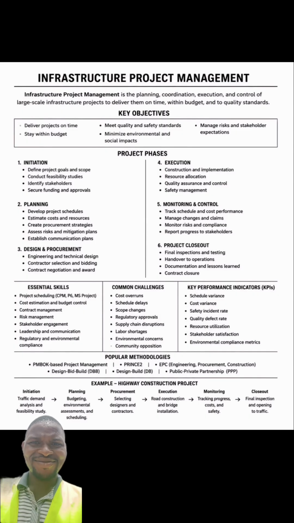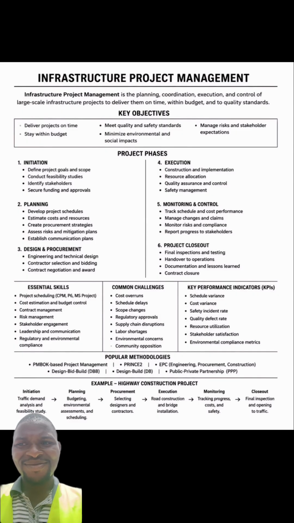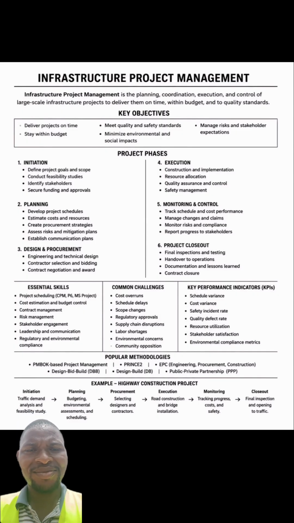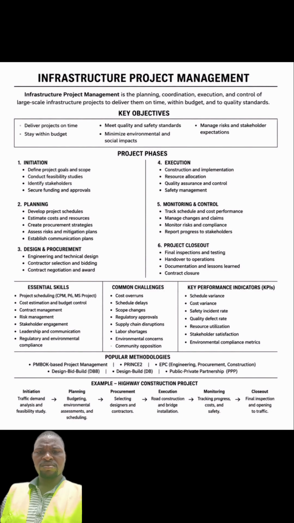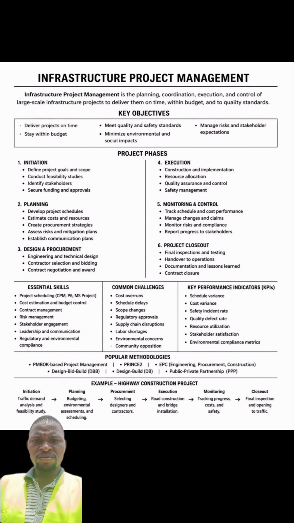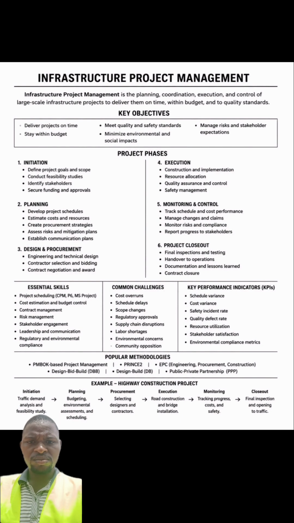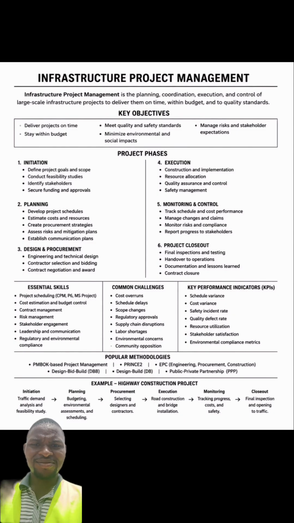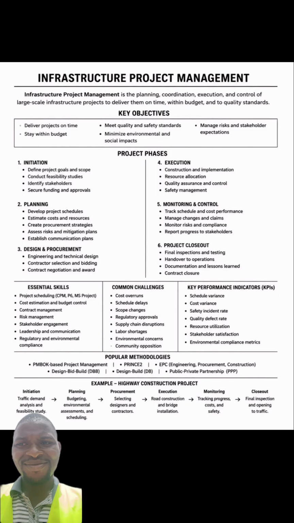So you track the progress, right? You track the progress that you've had, is it in line with your schedule and all those things. Then we have closure, that is the final inspection and then opening to traffic. So these are just all about infrastructural project management.